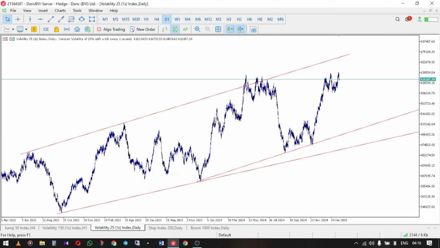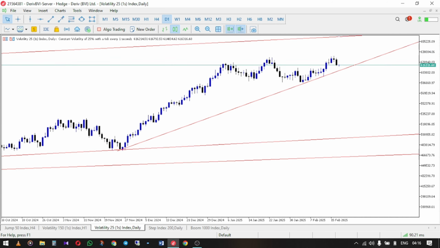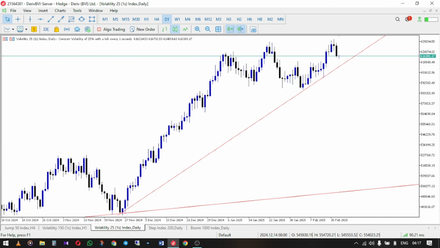But something interesting is happening on the daily time frame. If you look carefully, you will see that the market is also respecting another trend line here, right? All right, if we look carefully, we see the market is respecting another trend line here on the daily time frame.